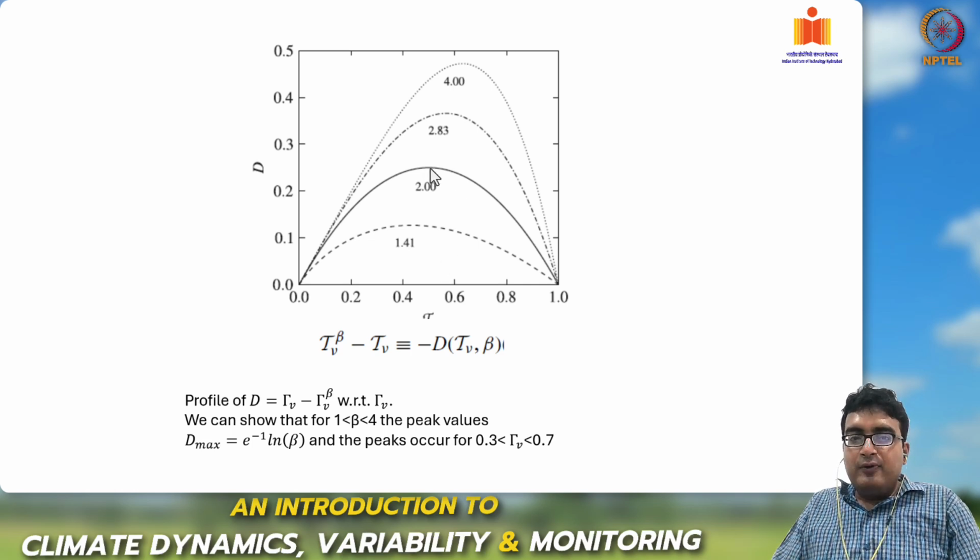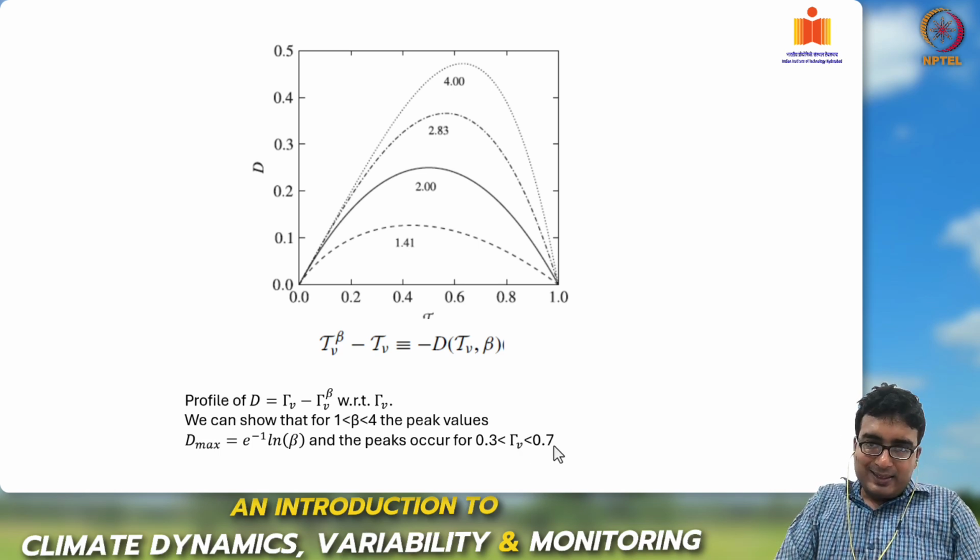So for example, for beta equals 2, the peak value of d is around 0.25 and is at transmittance of around 0.5. In fact, Dmax with respect to beta can be approximated as e to the power minus 1 log of beta, and this peak occurs between 0.3 to 0.7 transmittance. This we covered in the last class.